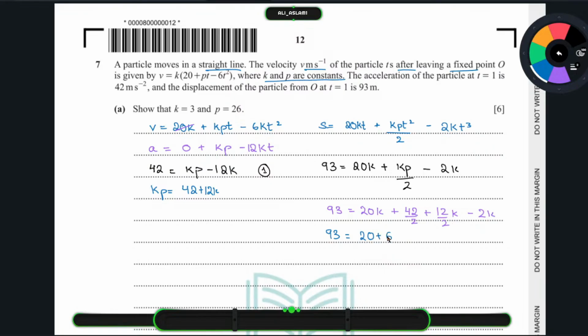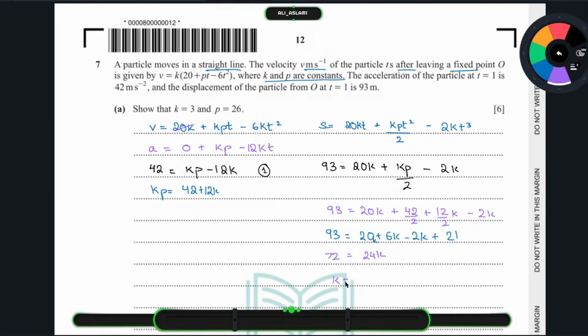So that should become 20k plus 6k minus 2k plus 21. So 24k, and 93 minus 21 is 72. 72 divided by 24 is 3.